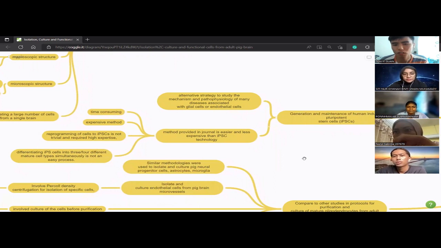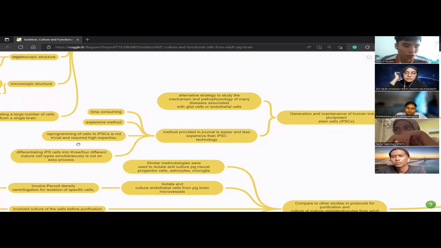However, the journal mentioned that this method is very expensive. It is a very expensive method, and it's very time consuming, and the reprogramming of cells to iPSC is not trivial and requires high expertise.